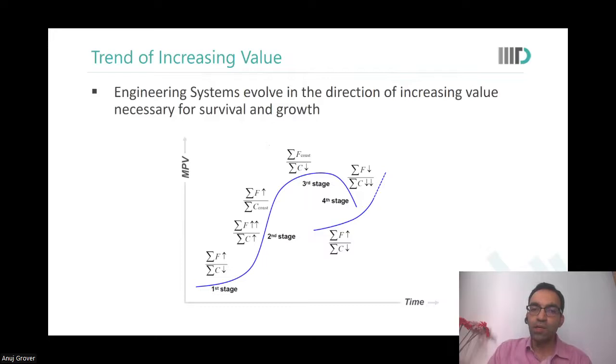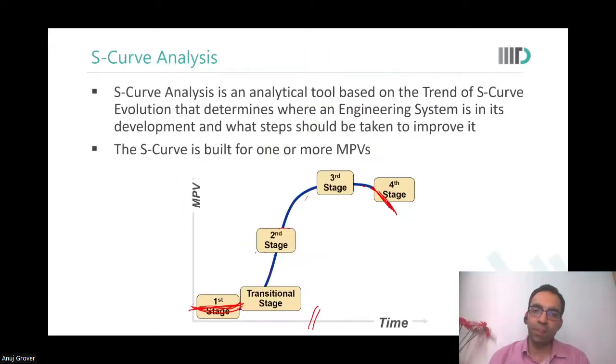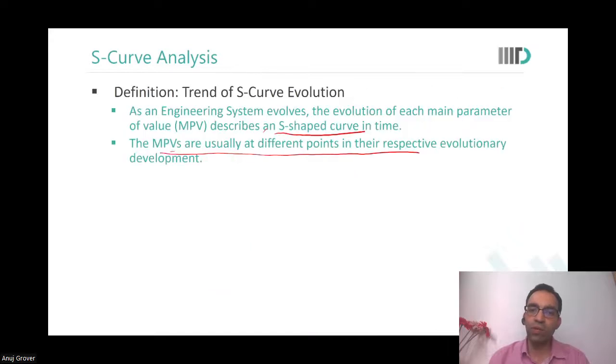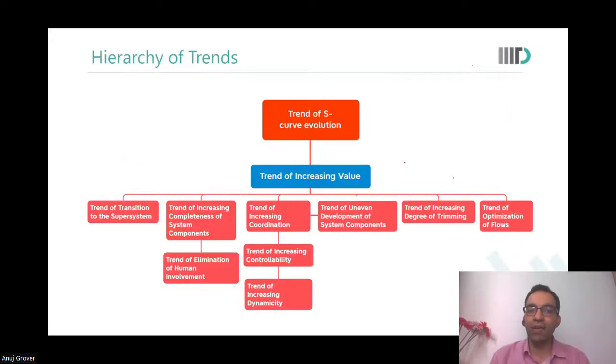Okay? So that was S curves, that there are S curves which will be followed. If you notice in that chart, just below the S curves was the trend of increasing value. What does this mean?